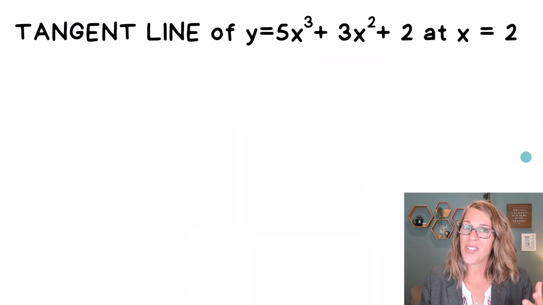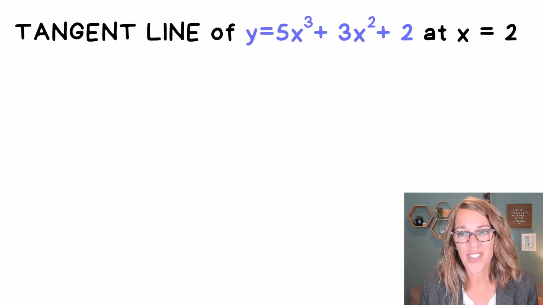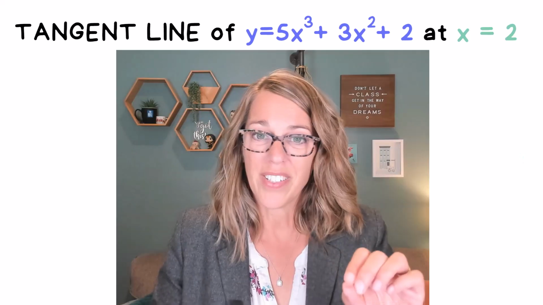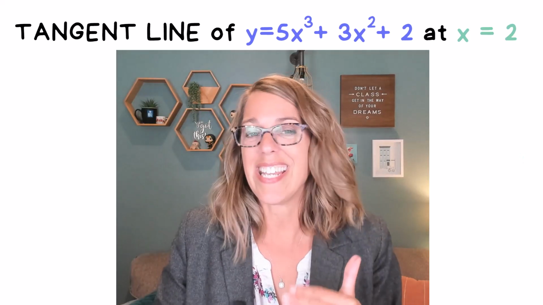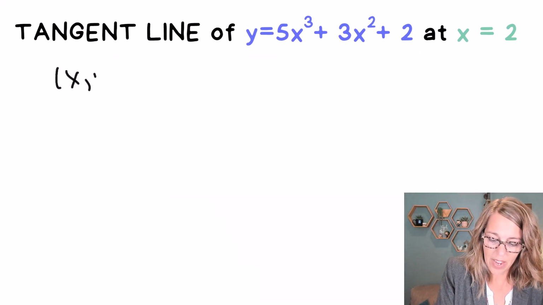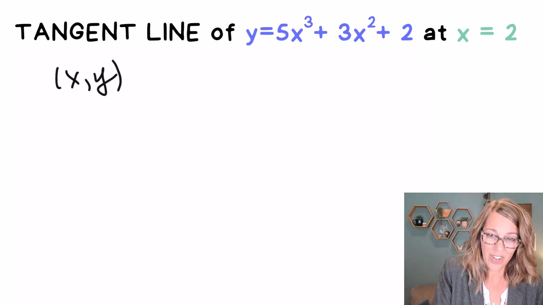This next one is for you to challenge your skills as you're looking for the tangent line of this cubic function where x is equal to 2. Pause the video and then come back and see how you did. Let's find that point first. So I've got x comma y. X is equal to 2, so I'm going to plug 2 into my original function.